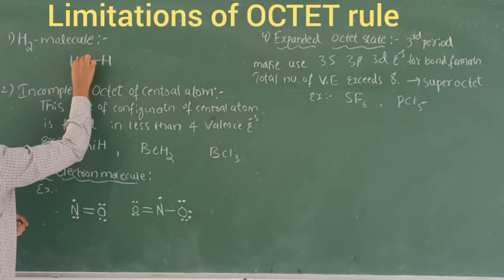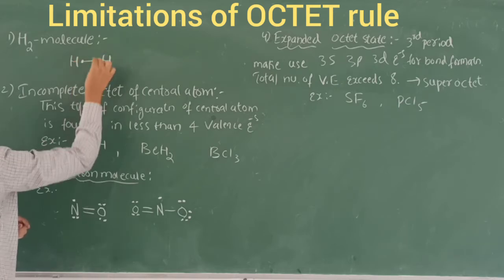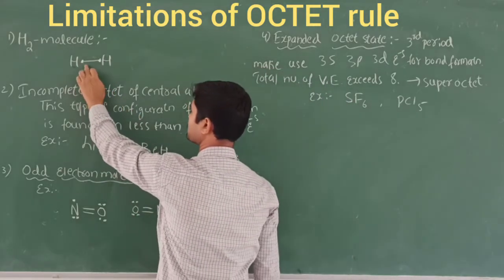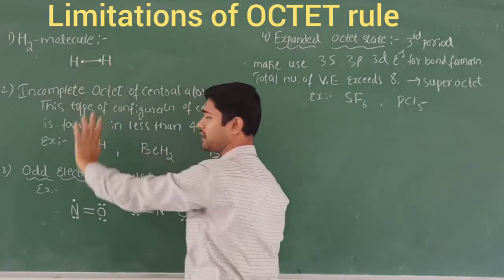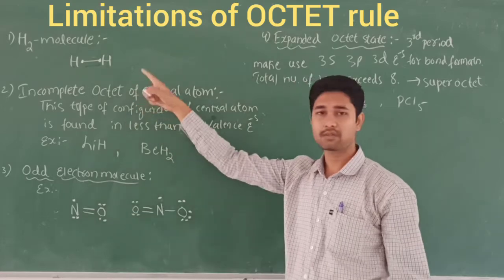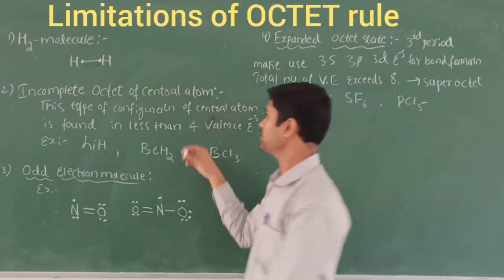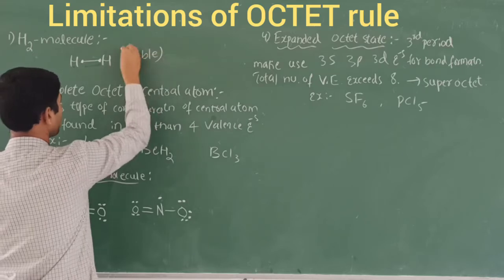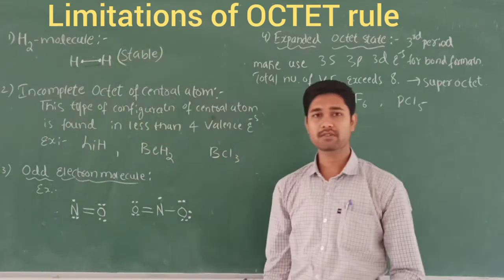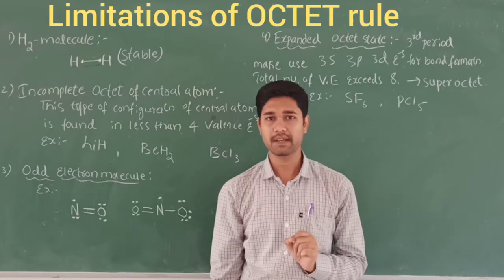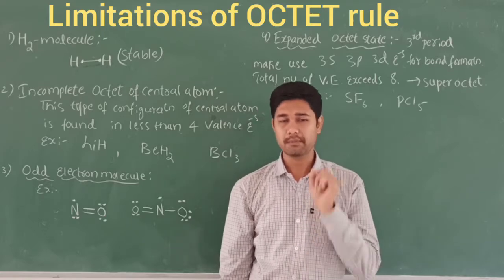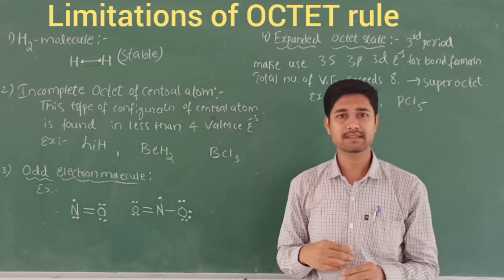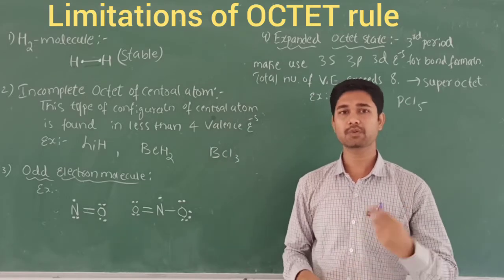This bond is nothing but the mutual sharing of a pair of electrons between them, right? So when you look at this hydrogen, it has 2 electrons, and this has 2 electrons. Even though this does not obey the octet rule, it is a stable compound. Why? Because hydrogen has only one electron. To get stability, the nearest noble gas to hydrogen is helium, which contains 2 electrons.